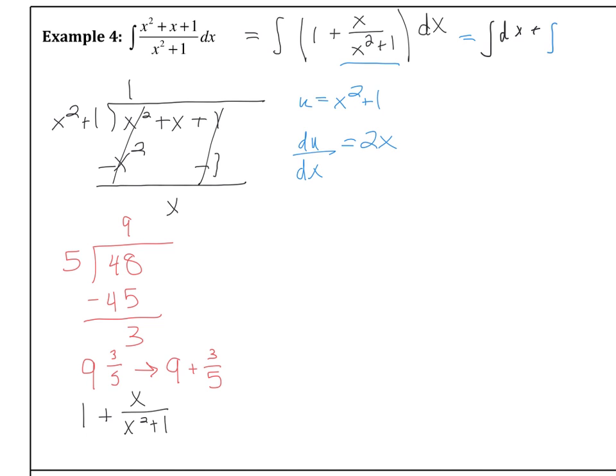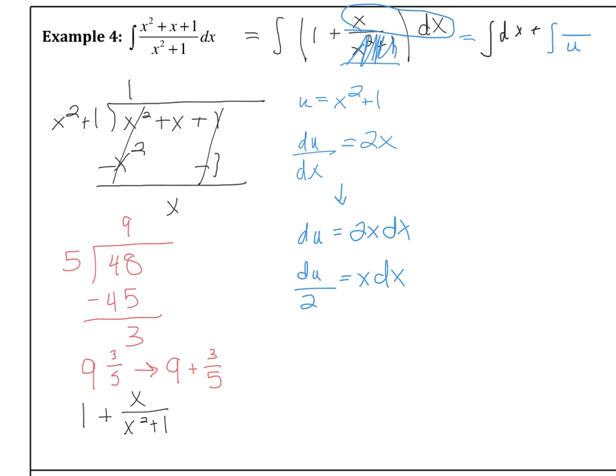So on the bottom, I have u. And then on top, really I just need something that is equivalent to x dx. So I'll get that from here. I can see that du is 2x dx, therefore du over 2 is exactly equal to x dx, and that's what I'm going to use.